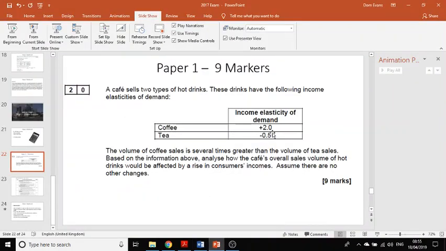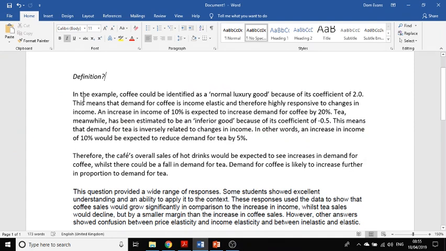So there's the figures. Coffee had an income elasticity of demand of plus 2. So in the example, coffee could be identified as a normal luxury good because of its coefficient of positive 2. This means that demand for coffee is income elastic and therefore highly responsive to changes in income. An increase in income of 10% is expected to increase demand for coffee by 20%.